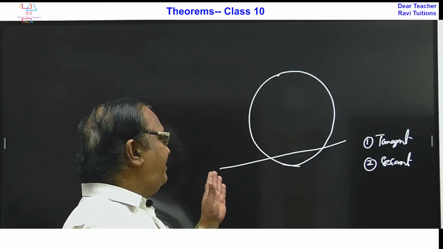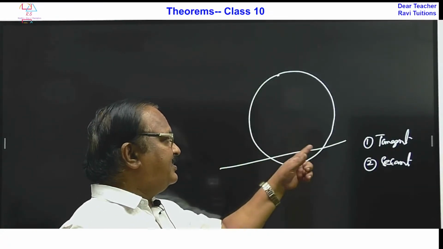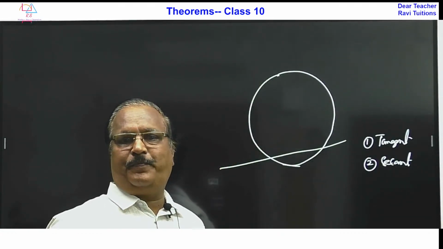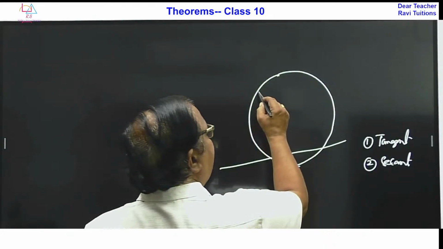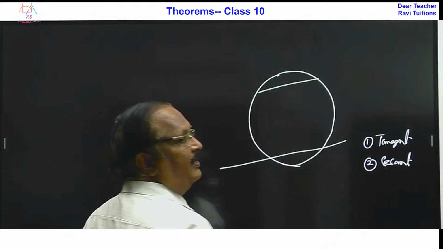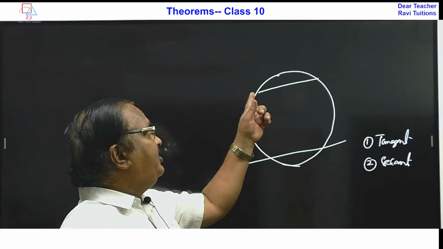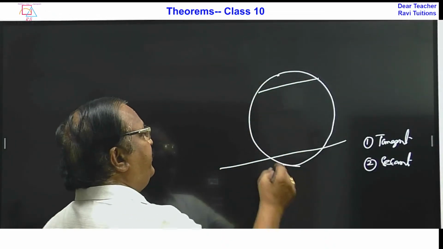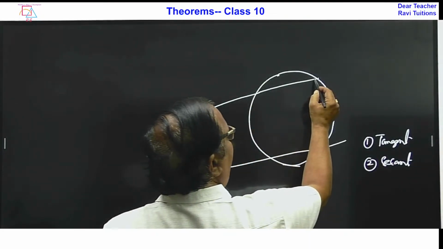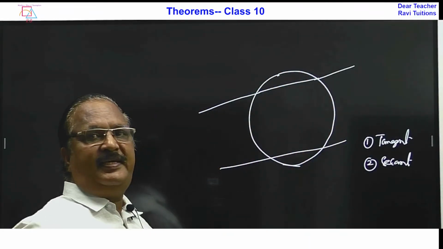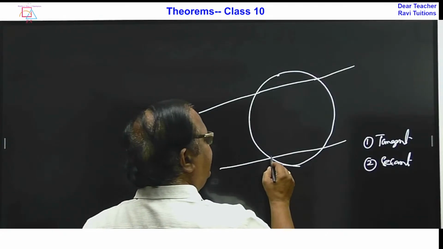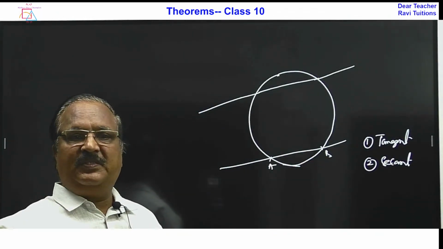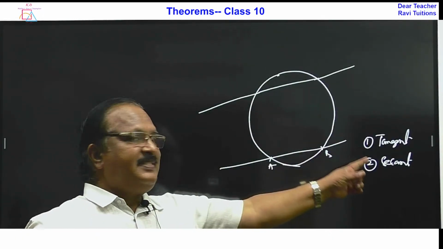That means when a line intersects the circle at two different points, we call that a secant. Okay. For example, this is chord. Chord is the line joining two points which are there on the circle. Now if you extend it, then what happened? The chord will become secant. The secant contains the chord. Okay, this is about secant.